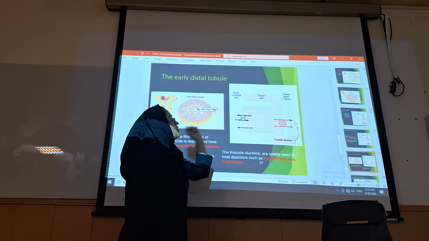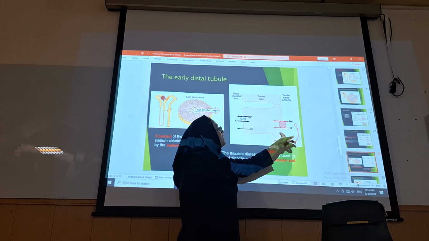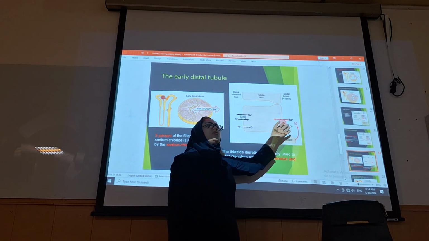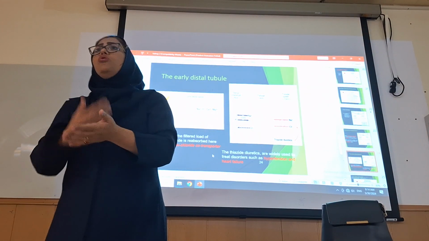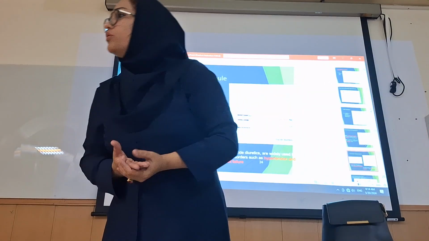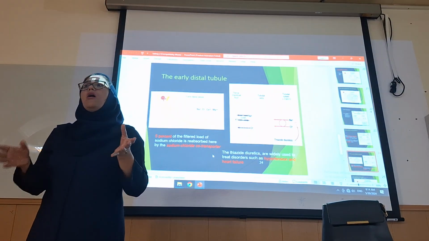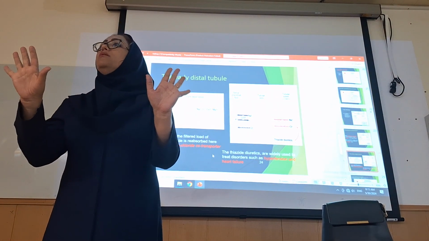Thiazide diuretics inhibit this transporter. What happens after that? Sodium cannot be reabsorbed. It remains inside the urine, and the body gets rid of excess sodium. It is administered in people with hypertension. Got it? No question.